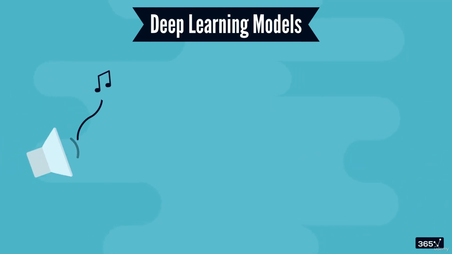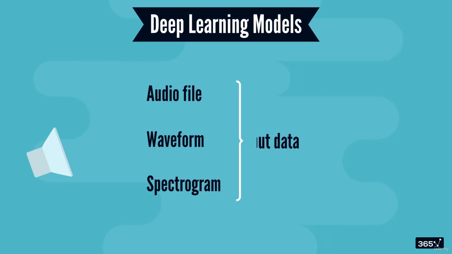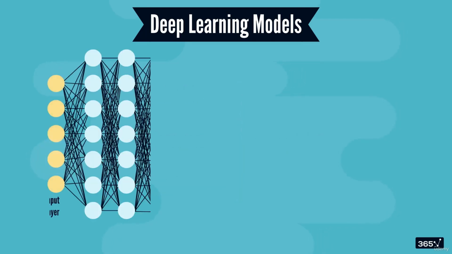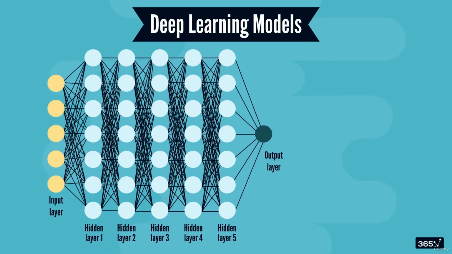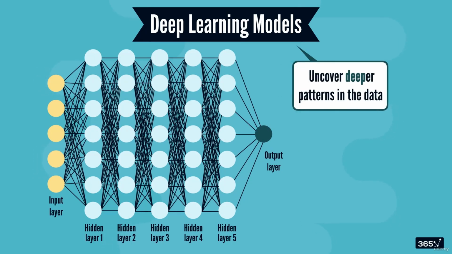Some deep learning networks can process an audio file, waveform, or spectrogram directly, handling everything else autonomously. While traditional neural networks also learn by adjusting the weights of connections through backpropagation, deep learning models have many more layers. They can uncover deeper, more sophisticated patterns in the data.